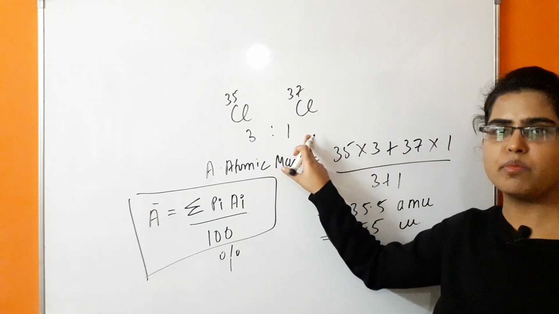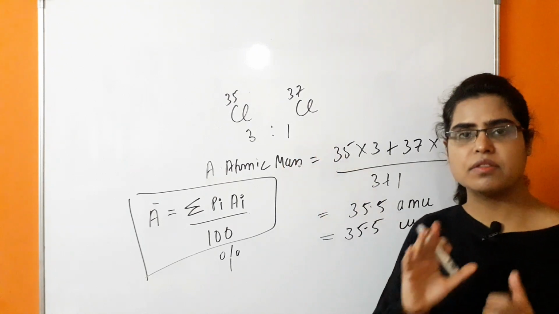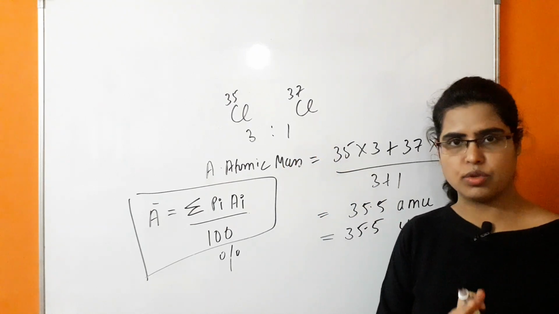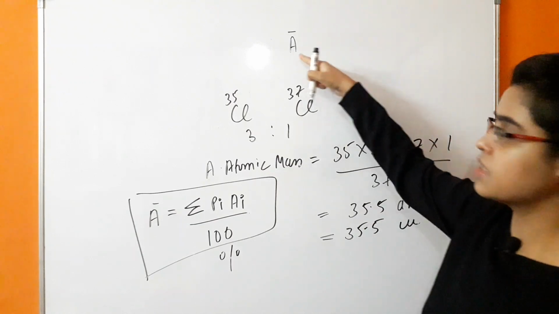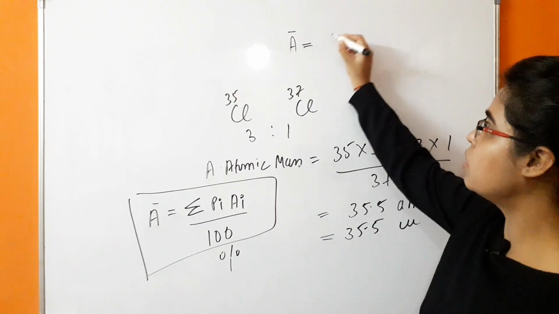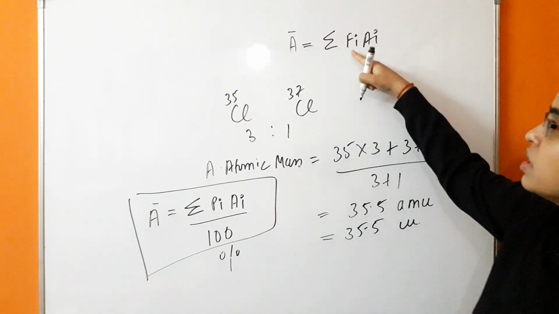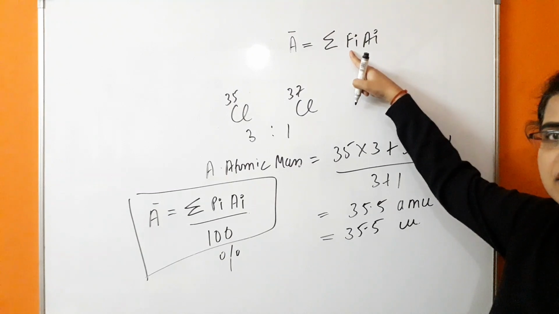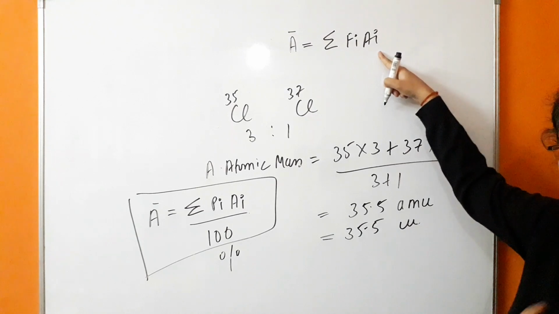And the third average atomic mass formula is used when the fractional abundance of isotopes is given. This formula is A, that is average atomic mass, equal to summation Fi Ai, where Fi represents the fractional abundance given in the question and Ai is the atomic mass.